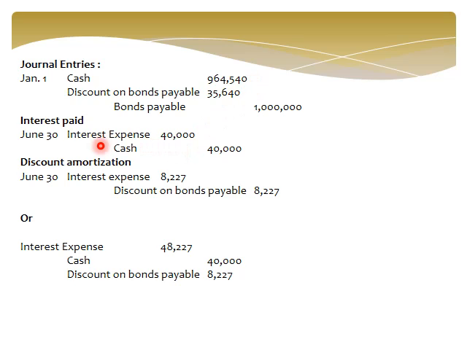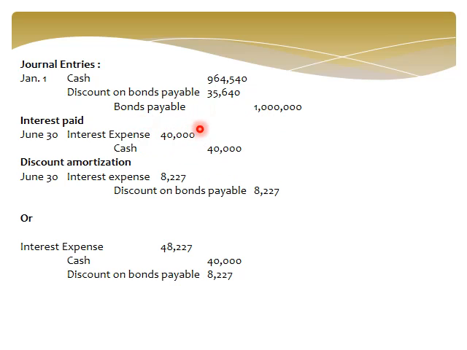Then, for the next interest date, we have interest expense 40,000 and credit cash of 40,000. Note na meron tayong discount amortization. Kasi nga, di ba, dapat yung interest expense, nung kinompute natin si interest expense, 48,227 dapat siya kung i-base natin sa amortization table. Eh ngayon, nung nagbayad ka, yung na-record lang natin na interest expense is 40,000.